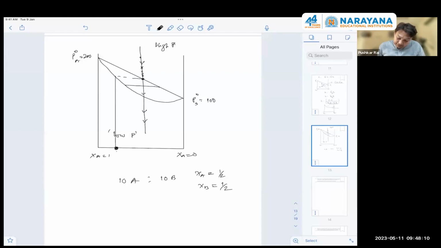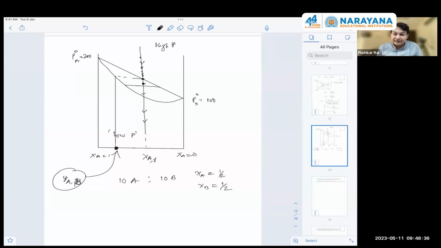So this point gives us the idea of YA. Let us call this 1. 1 means first trace of vapor. YA1. And that time, XA is equal to XA1. Now you have decreased the pressure to this level.